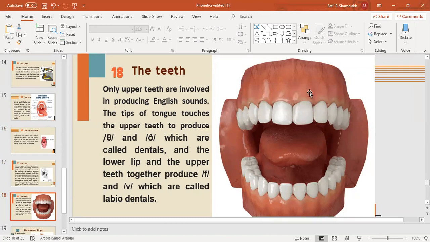This is the alveolar ridge, okay? And you see here the tip of the tongue is very clear. We use the teeth to produce certain sounds like "f", with the tip of the tongue and the teeth, and so on.